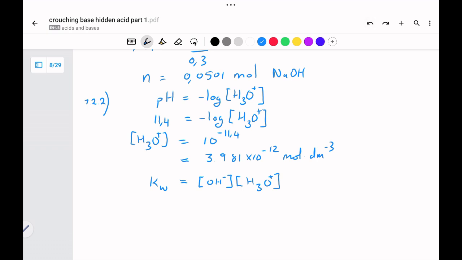And at 25 degrees Celsius, which is what we have to assume, the value of this constant is given in the data sheet: 1 times 10 to the minus 14.